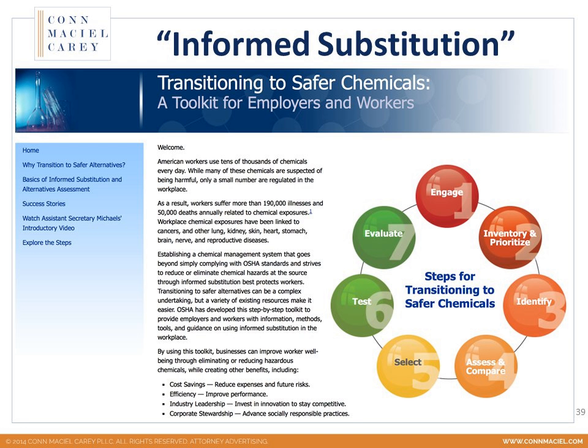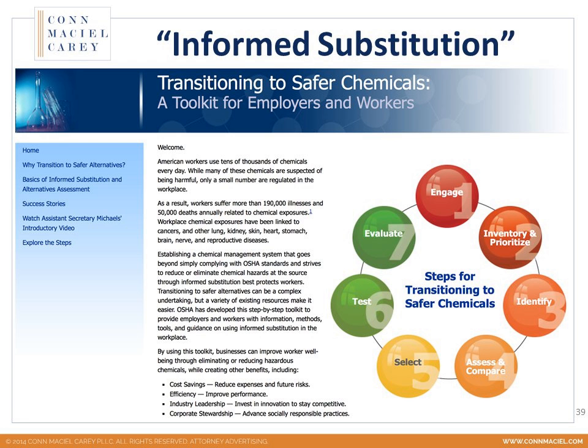In addition, OSHA is looking at the concept of, and encouraging, informed substitution. As those of you who have worked with the agency in rulemakings realize, OSHA encourages substitution to avoid hazardous chemicals. They have now developed a toolkit to discuss how a company or an industry can look for substitutes for its chemicals.